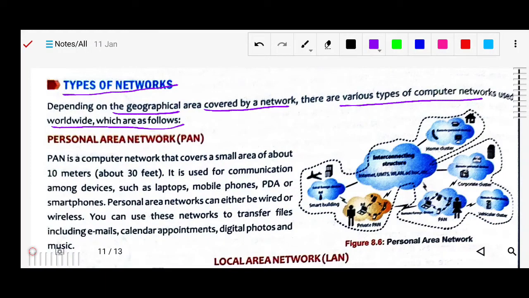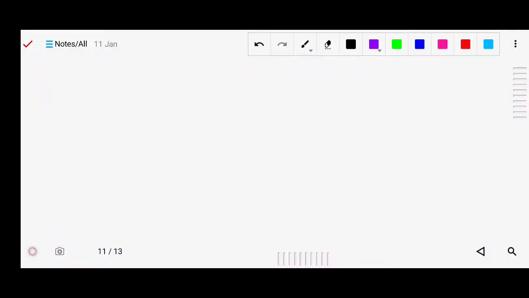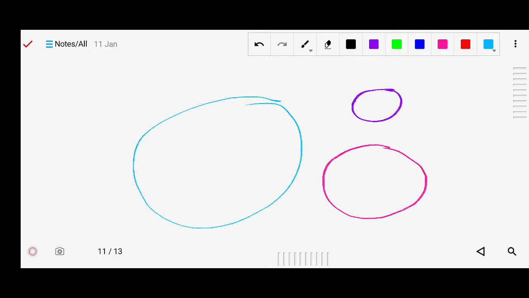We can classify the network according to its geographical area, meaning how much area it is covering. Suppose a network covers only this much of area, or a network can cover this much of area. So according to the area, meaning how much area they are covering.